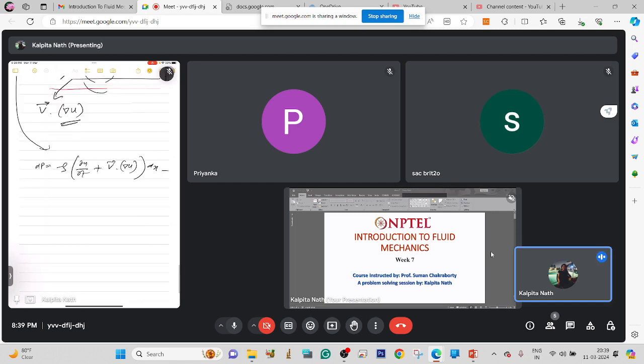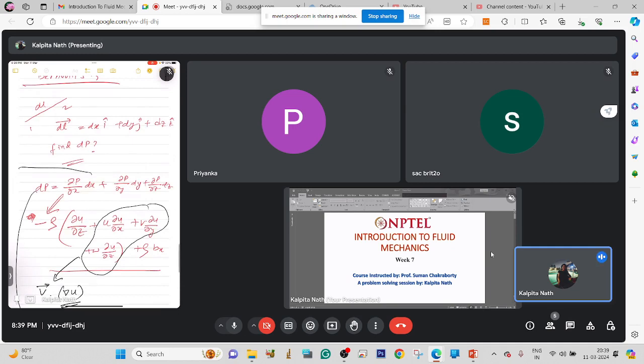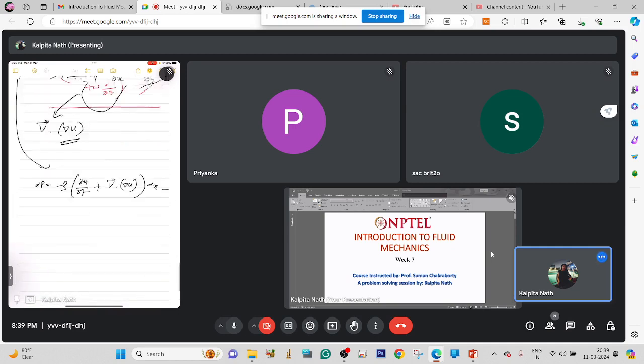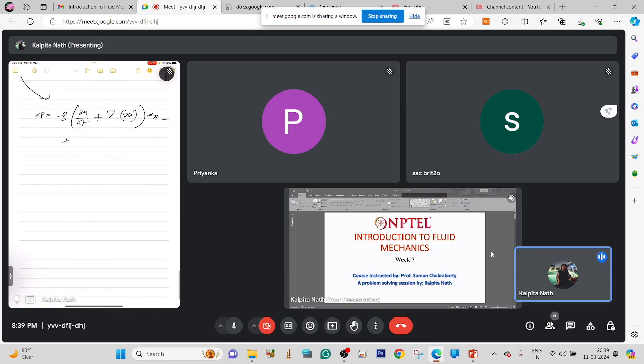So we put this in this main equation. Similarly, del p del y also we will put, and del p del z also. This will also have the body force term, and minus density of del v del t plus v vector dot del v dy.